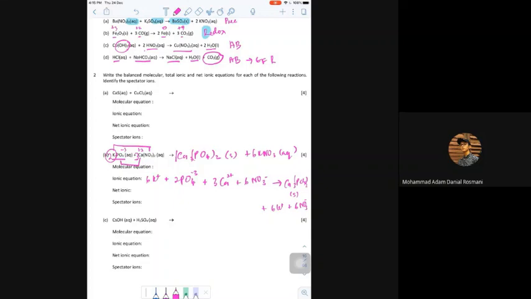And then don't forget you have to write their state aqueous.